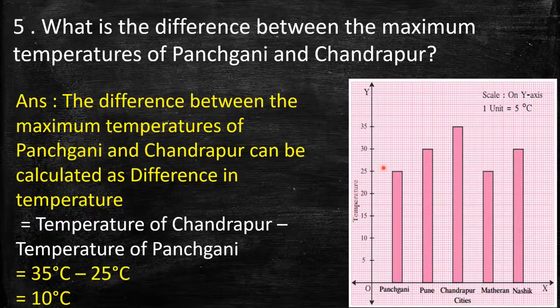So temperature of Chandrapur, that is 35 degrees Celsius, minus temperature of Panchgani, that is 25 degrees Celsius. So the answer is 10 degrees Celsius.